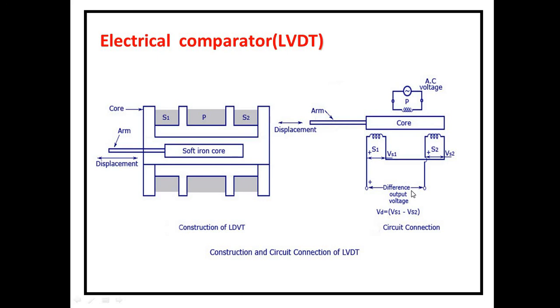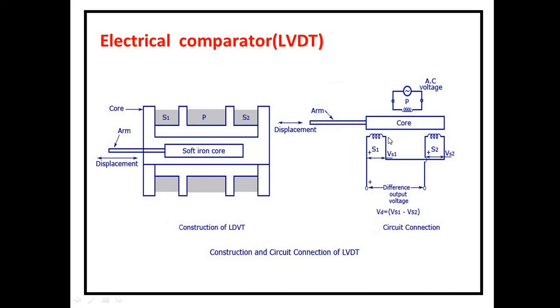Now if the armature moves towards S1, let us assume that this armature is the ferromagnetic core. As it moves towards S1, the voltage Vs1 generated in secondary coil S1 gets increased. Why?